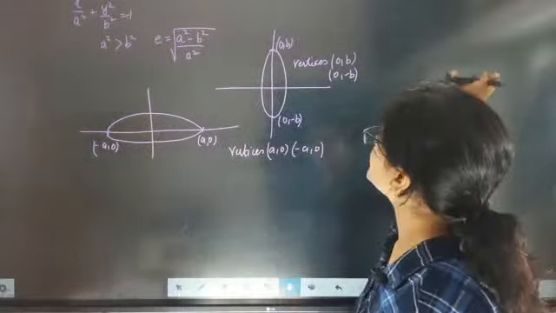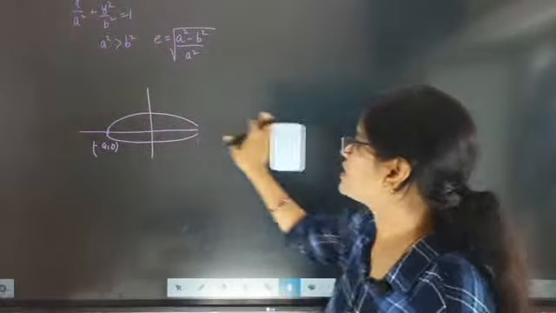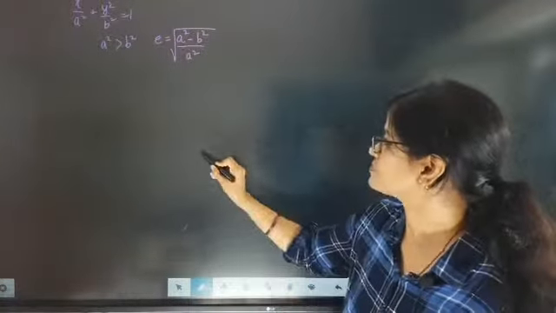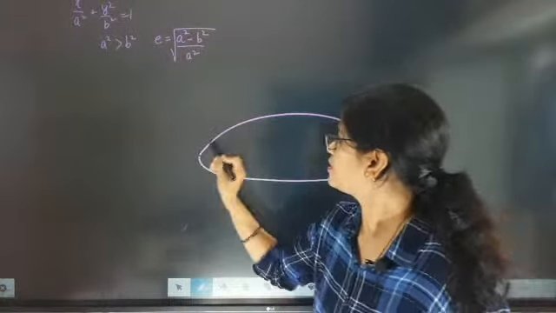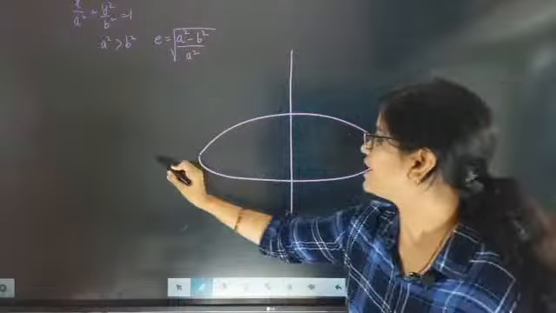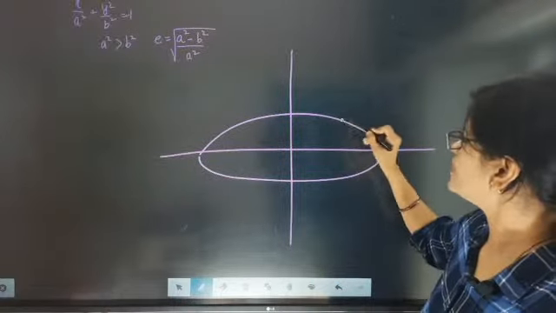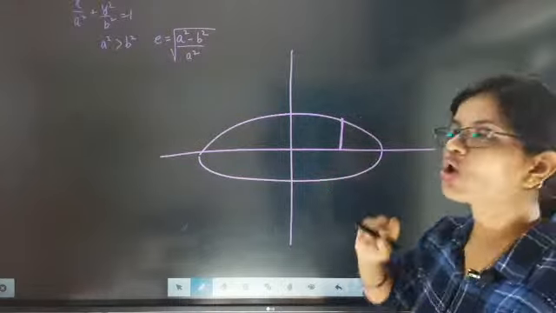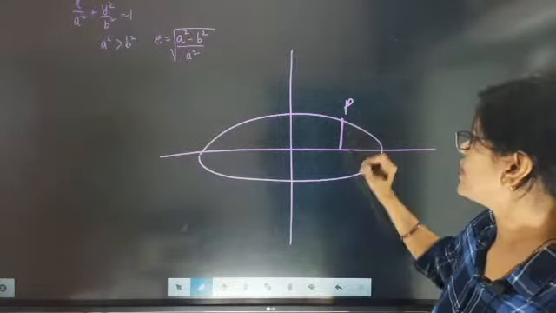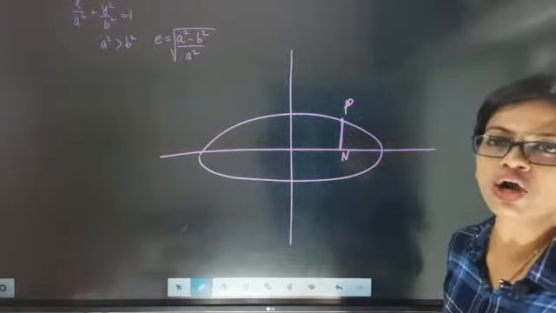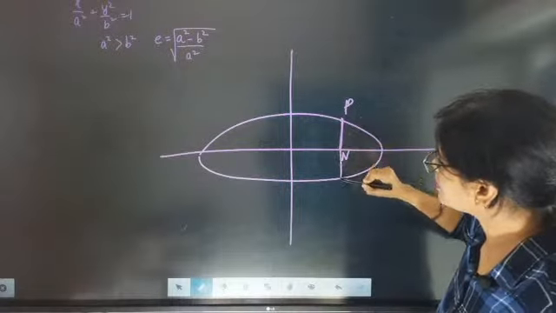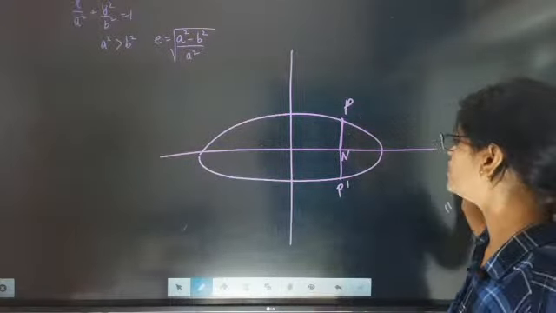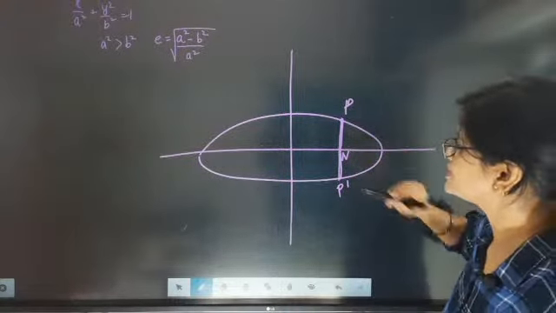Fine. Ordinate and double ordinate we already discussed. When we are drawing the ellipse, from P to N this distance will be called the ordinate, and when we draw the total P dash, then this is called a double ordinate.